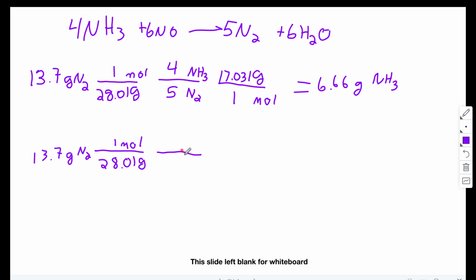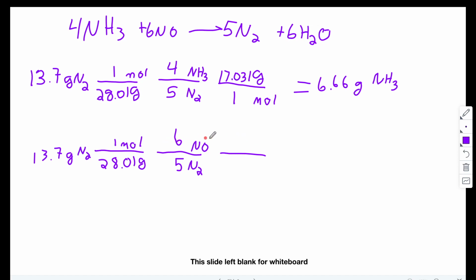But now we're not going to compare it to NH3, because we're going to be looking for NO, or nitrous oxide. So NO, and the coefficient for NO is this 6, so we'll go ahead and put 6 there.